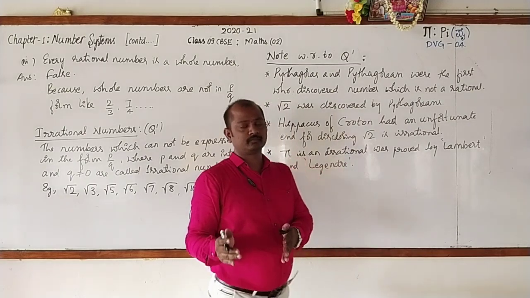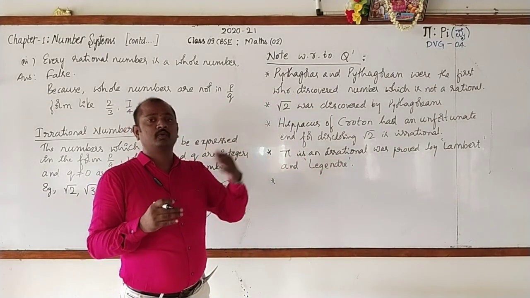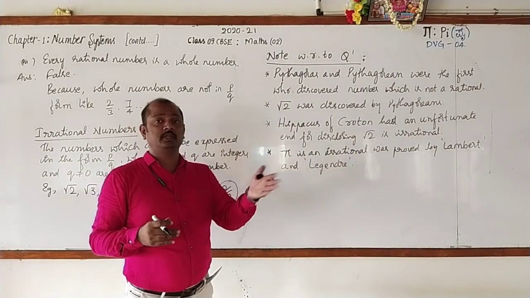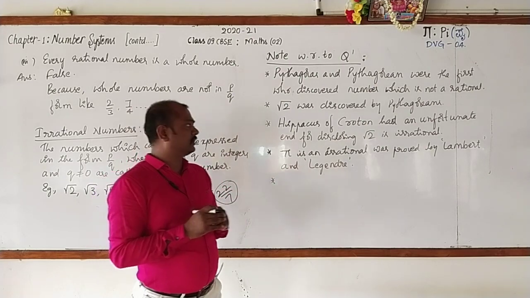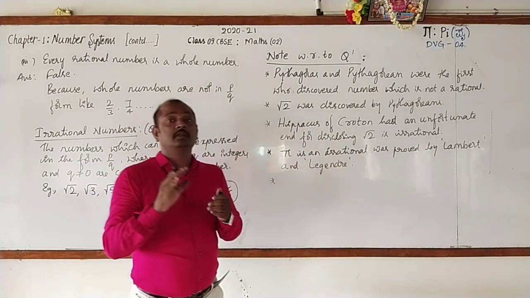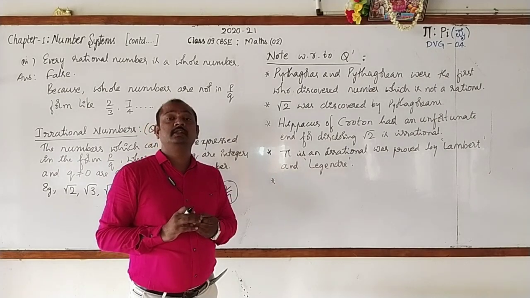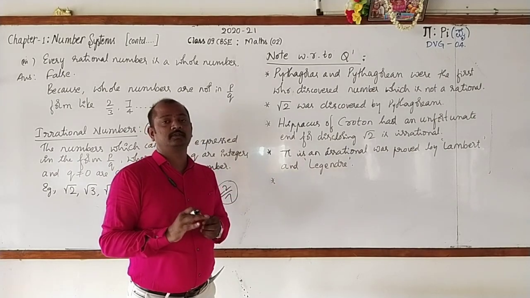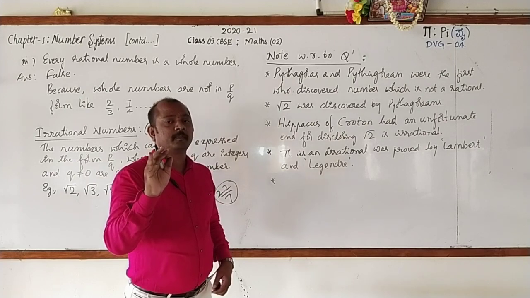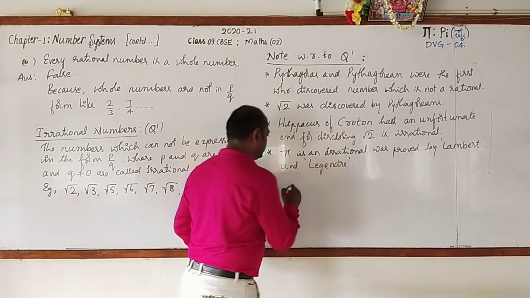root 7, root 10, root 11, root 12, root 13, root 14. All these are irrational numbers, and these were proved by another mathematician. He is Theodorus, Theodorus of a place called Cyrene.